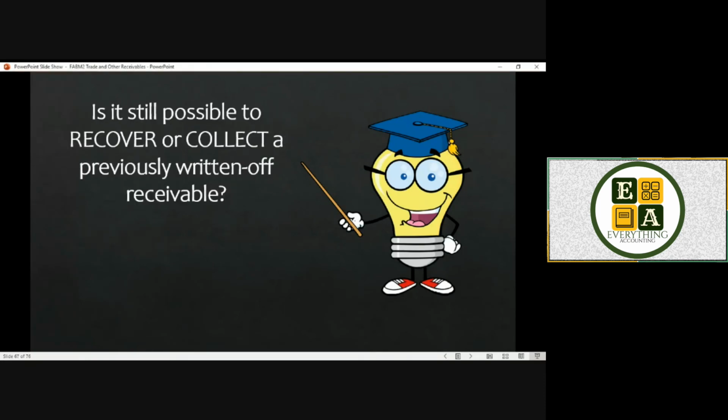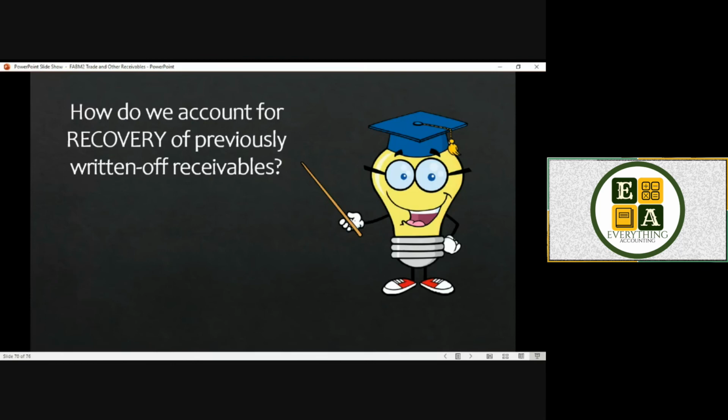Okay. There is a question. Is there any chance or is it possible to recover or collect a previously written off receivable? So if we're going to answer yes or no, the answer is yes. There is possibility of recovery for the collection of previously written off receivable.